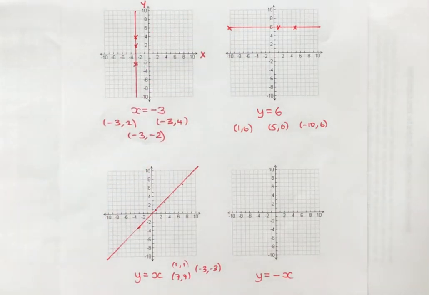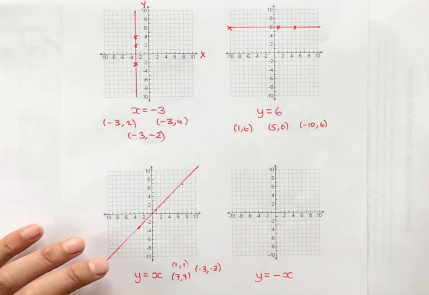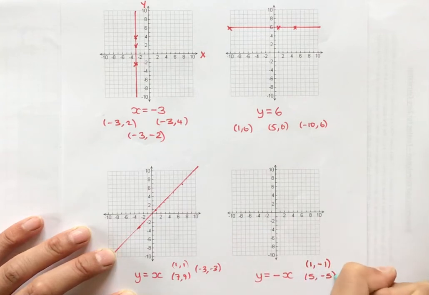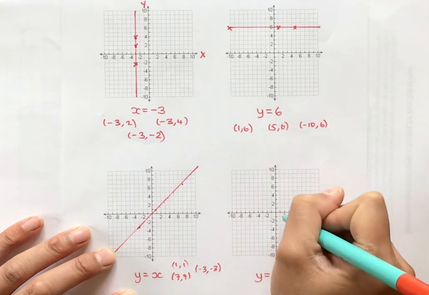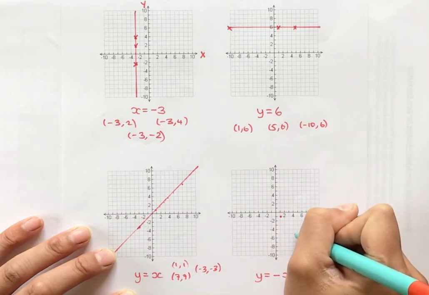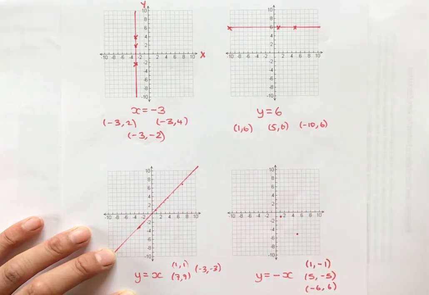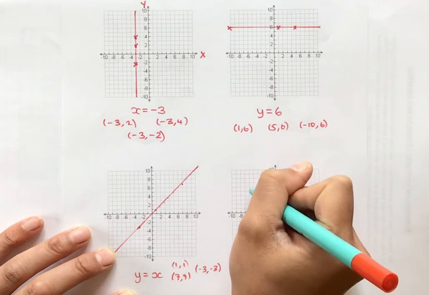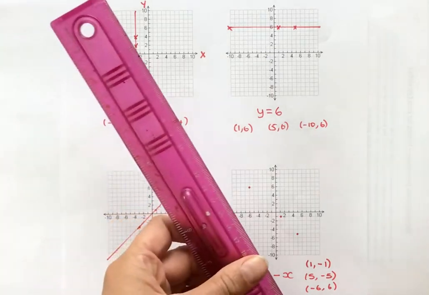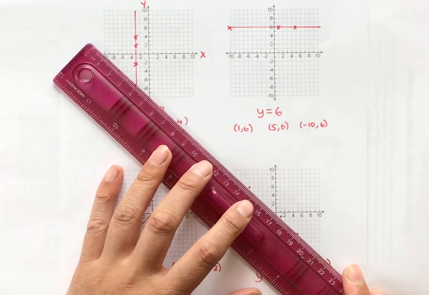The line y = -x, whenever you have an x coordinate, the y coordinate is the negative of that. So something like (1, -1), (5, -5). Or it could be the other way around, (-6, 6). So if I plot those, (1, -1), (5, -5), and (-6, 6), it will make a line which is still a diagonal, but this time it's going downwards.